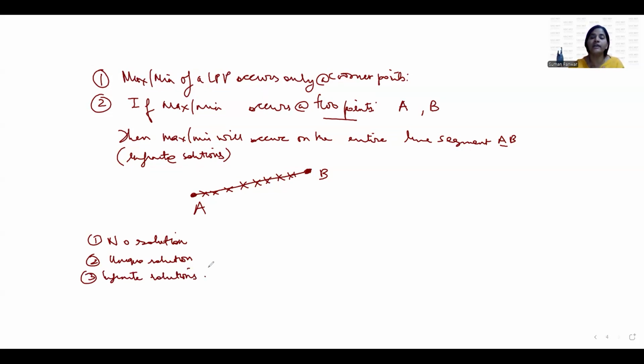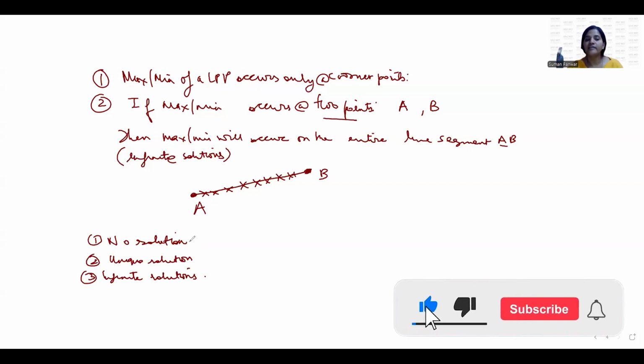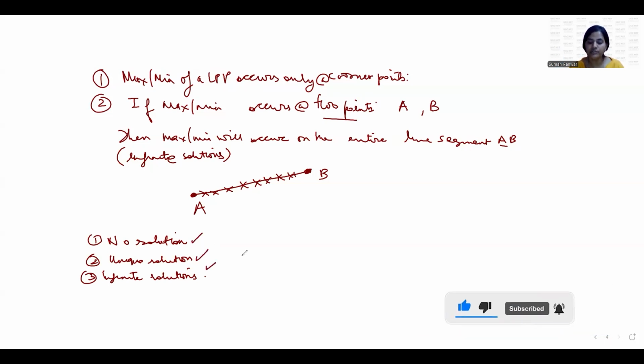So sometimes they can modify the MCQ in such a way that they will say an LPP has 1 solution, 2 solutions, 3 solutions, or infinite solutions. Which of the following are correct? So you can see that option A and D will be correct. We cannot have 2 solutions and 3 solutions. So we either have 0 solutions, or a unique solution, or infinite solutions.